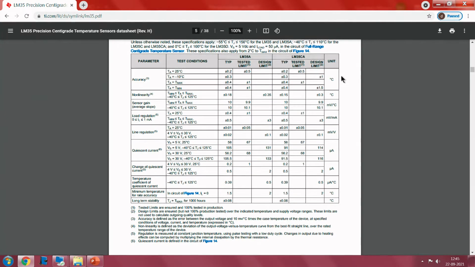Then the accuracy, the non-linearity, and the sensor gain, the average slope. This is an average slope, with small error, so it will be 9.9 to 10.1. That's why in most cases we consider it as 10 millivolts per degree centigrade. Every 1 degree change in temperature changes the output voltage by approximately 10 millivolts.